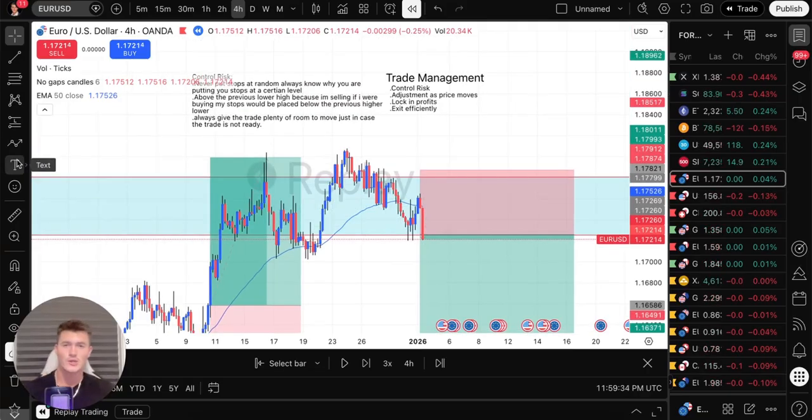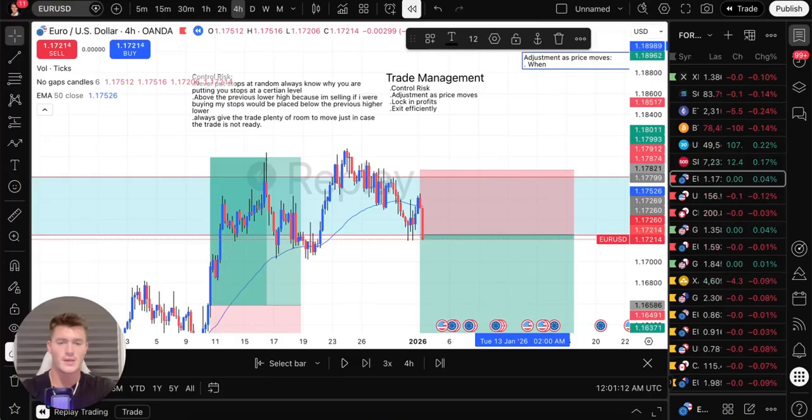So we're going to be looking at our next point here, which is adjustment as price moves. Now, you won't always have to adjust your trade, but there are a few things that you need to be careful and watch out for just in case we have a reversal during the trade.